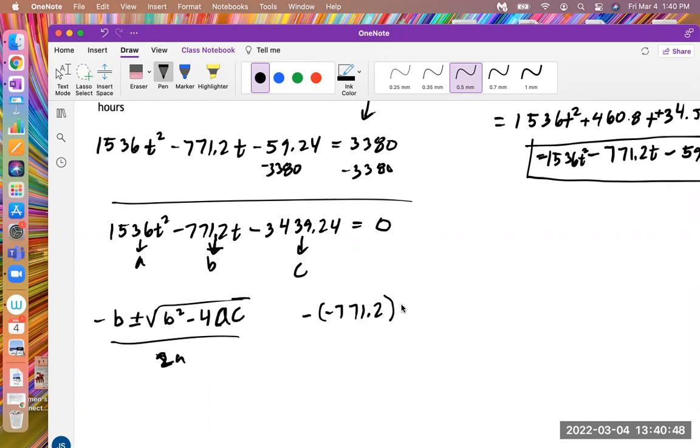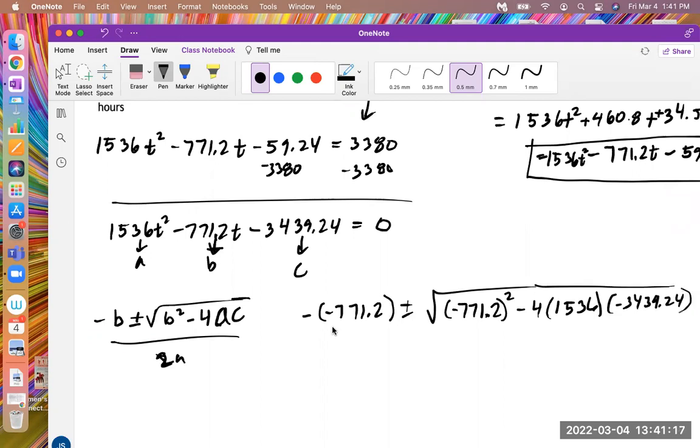So the negative 771.2 plus or minus the square root of negative 771.2 squared minus 4 times a, which is the 1536, times the c, which is negative 3439.24, all over 2 times 1536.